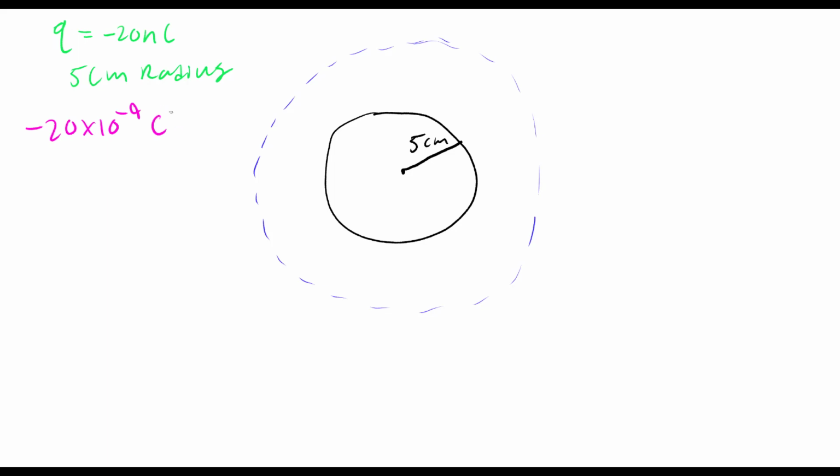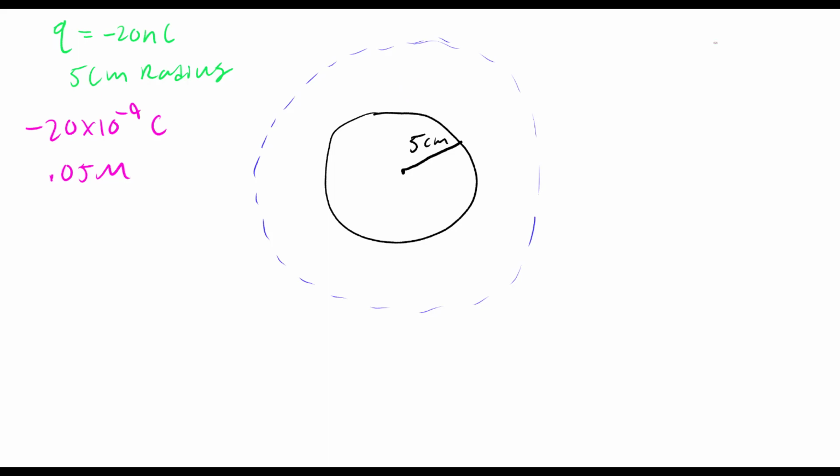So let's actually convert our units to the standard, right? So 5 centimeters becomes 0.5 meters, and that's about it. So first of all, it's asking us for the electric field at a 1 centimeter radius. So this is a conducting sphere.